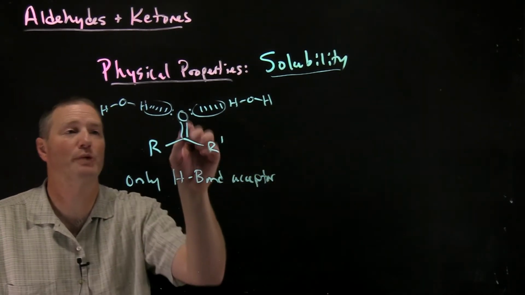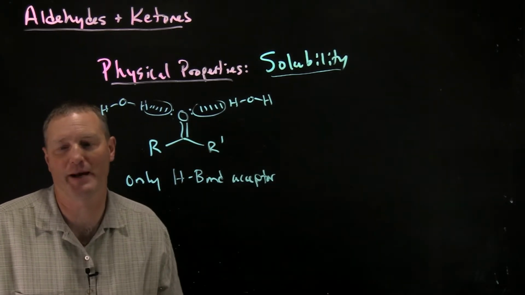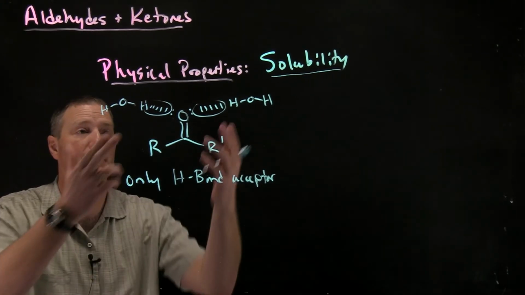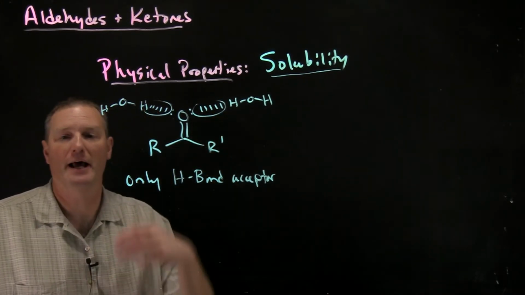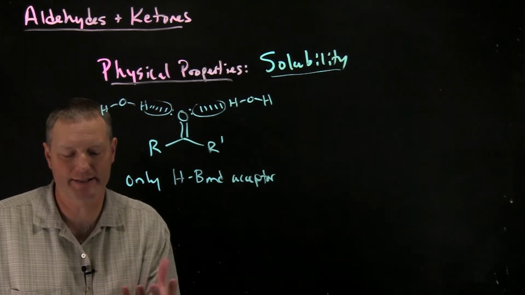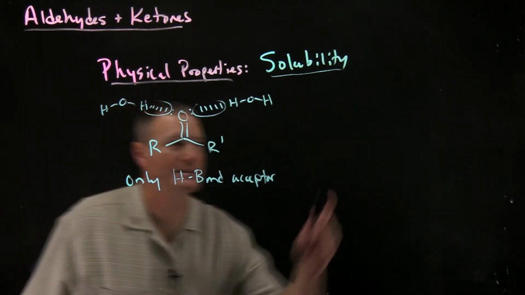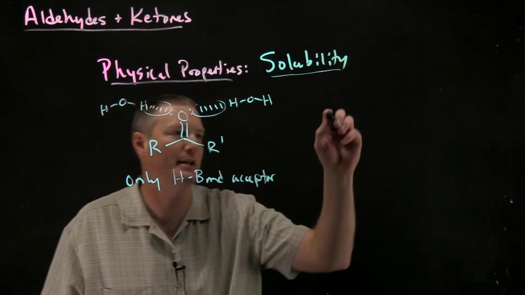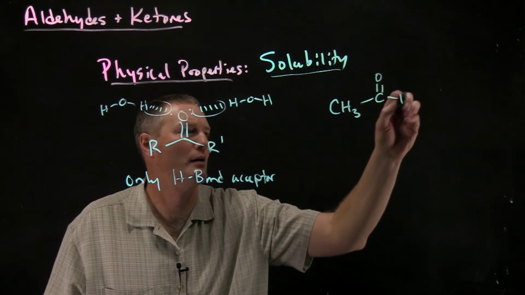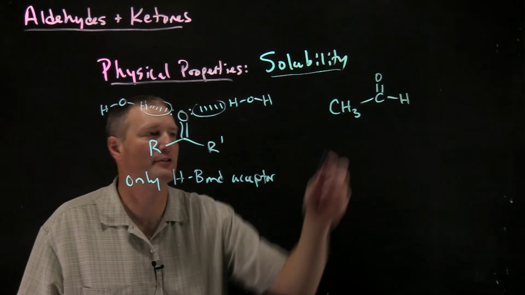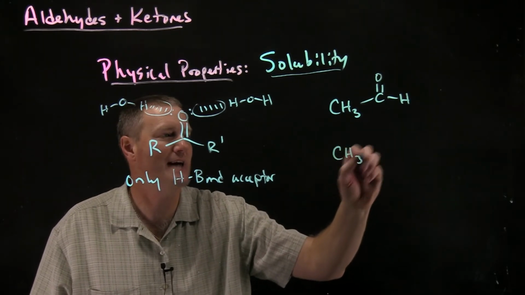Because there's no presence of an OH group on the actual carbonyl, they cannot function as a hydrogen bond donor. So the ability of these lone pairs to form hydrogen bonds with water helps to increase the solubility of these when they're dissolved in water. To illustrate this, if I looked at some very short chain carbonyls, this compound is called acetaldehyde, and this compound is called acetone.